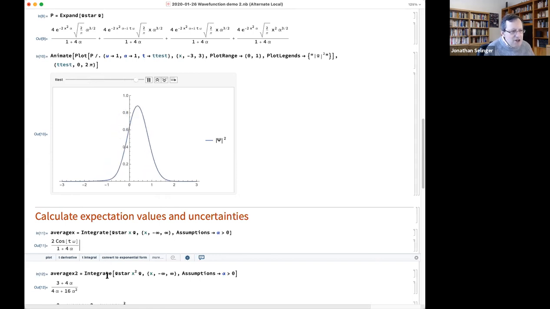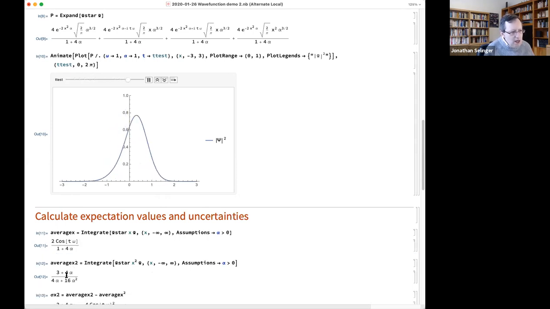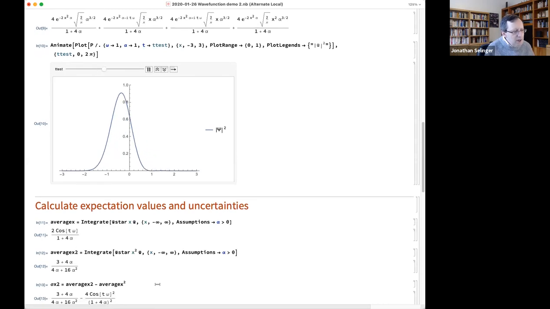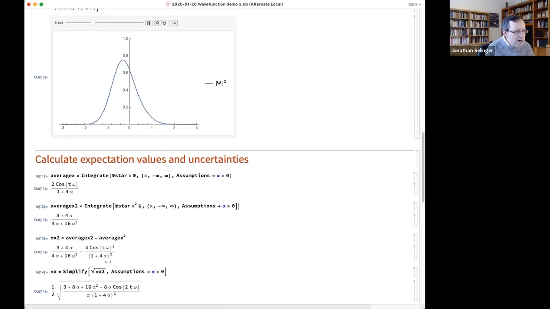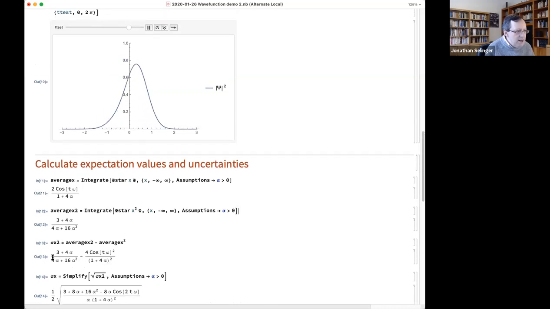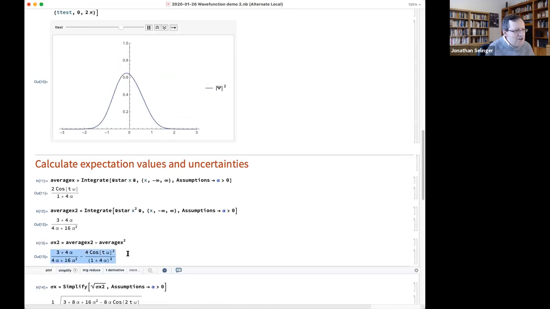How about the average X squared? Well, that's this integral. Actually, it turns out it doesn't have any time dependence. It has this complicated dependence on alpha, but not on time. So the uncertainty, well, there's the variance sigma squared, that is the average of X squared minus the average of X, quantity squared.